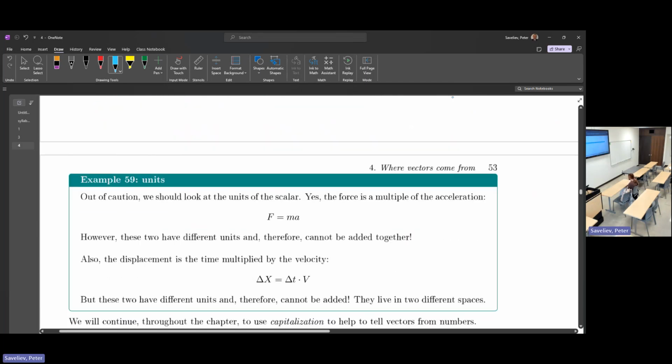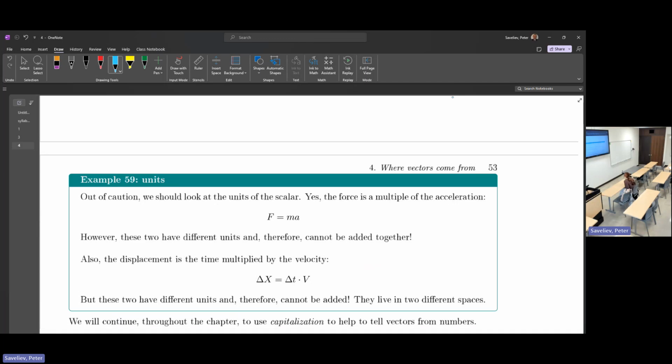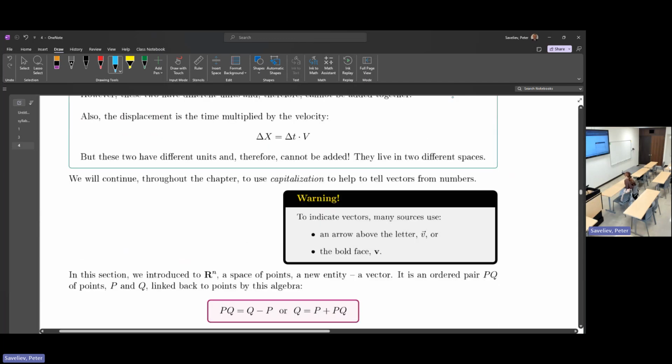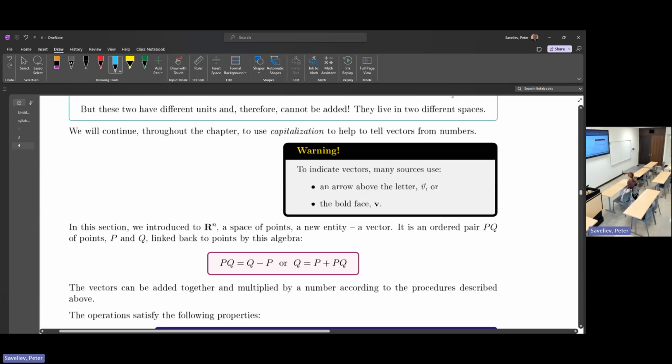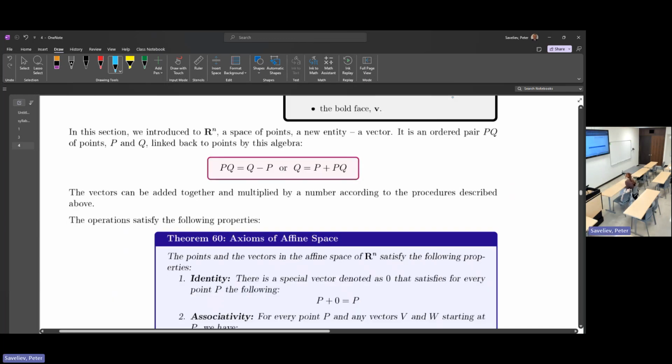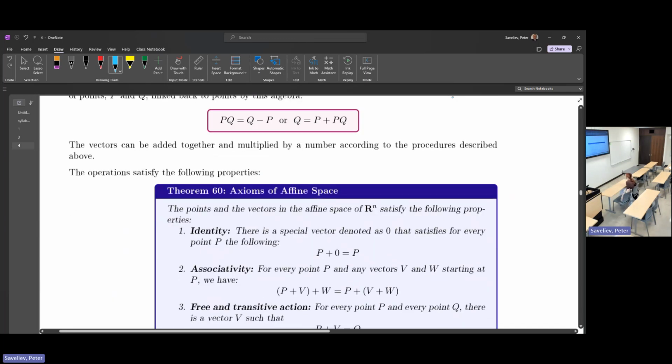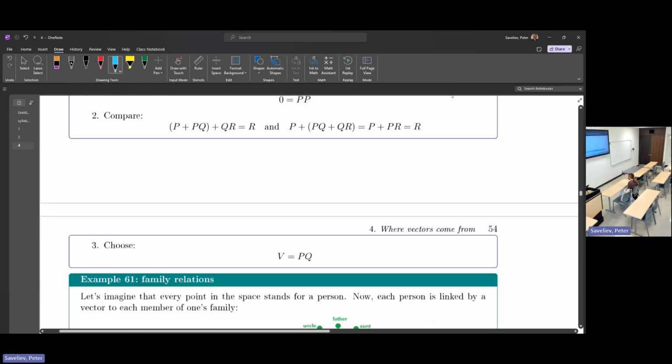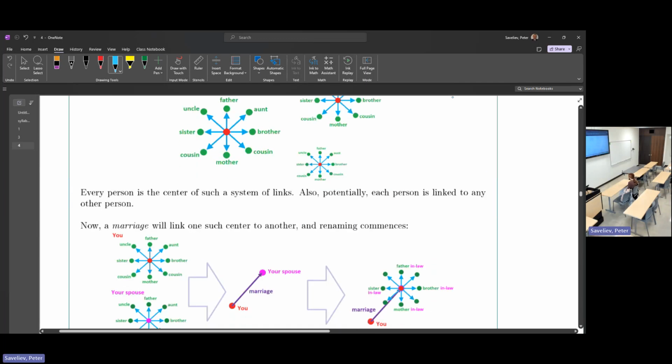Okay, so changing of units and scalar multiplication are required for the third time, or the fourth time. Okay, so axioms of an affine space. I think I'll skip that. I'll skip that too.